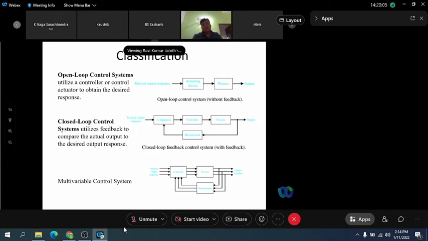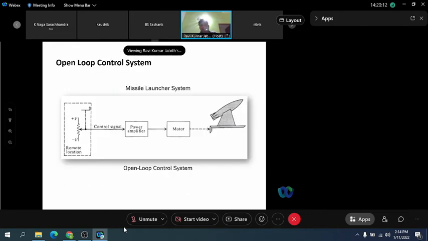Right. So for an open loop system, you will have a block diagram like this. Now let us take this particular example. This is a missile launcher system. You will be at some remote location, and you have to launch the missile so that it exactly hits the target.